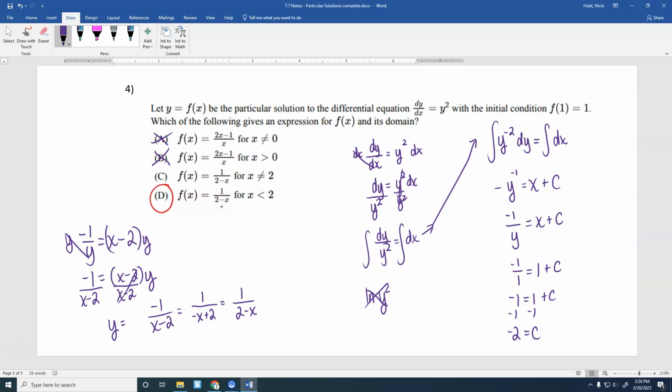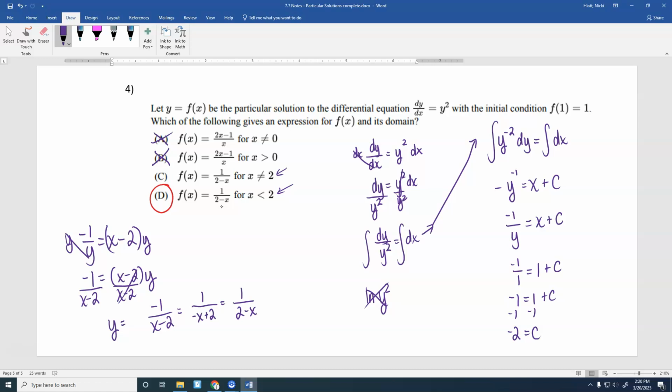And then we have to think about our restrictions on our domain, which is what makes this one even more difficult here. So definitely, I cannot plug 2 into this problem. Why can I not plug in 2? 0 in the bottom. So it could be C or it could be D because this is x is less than 2.